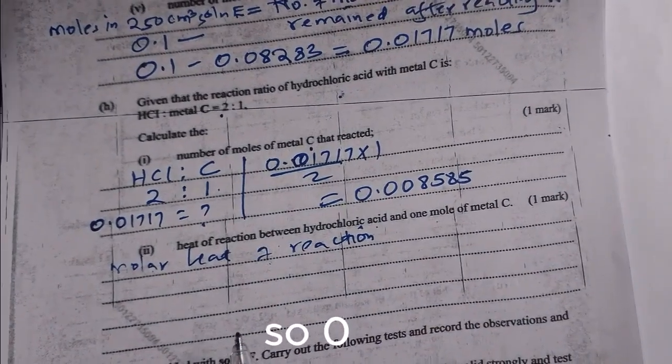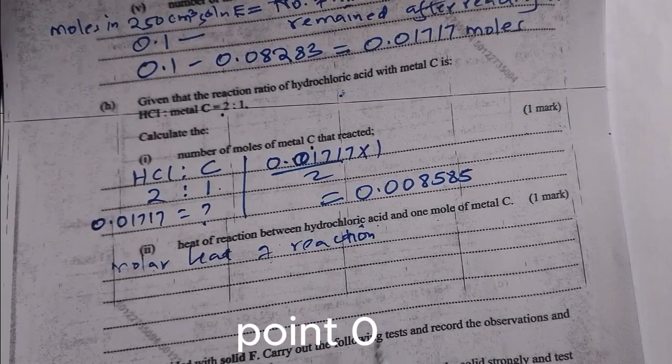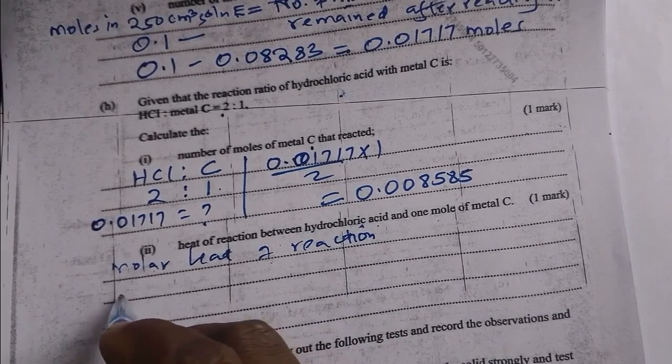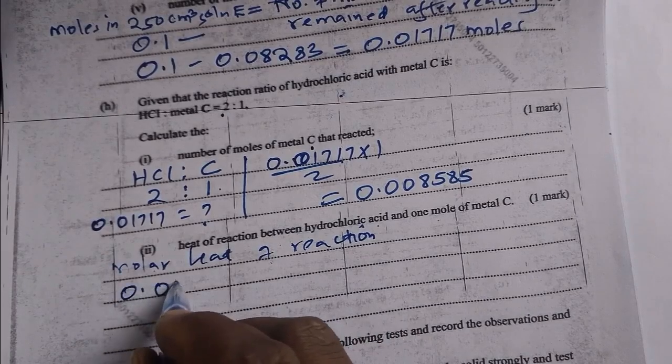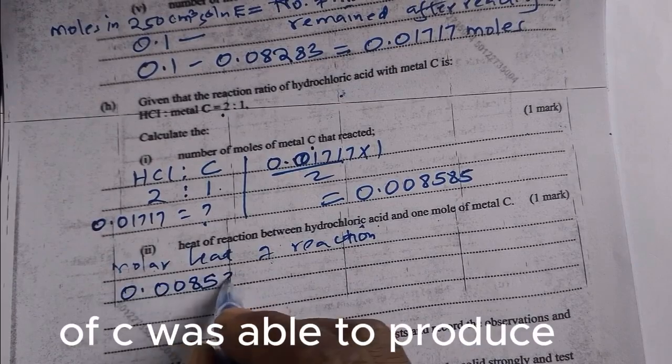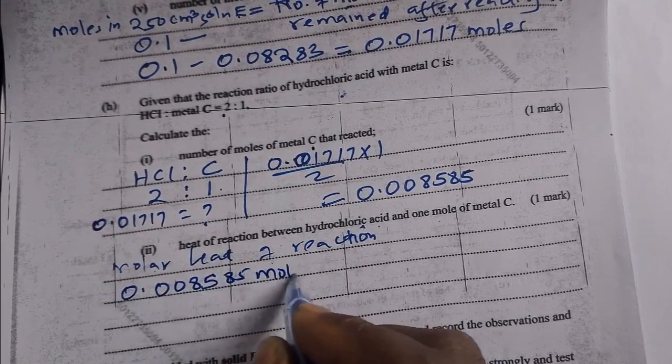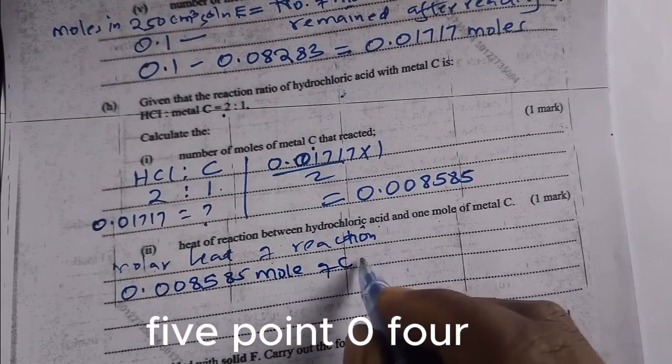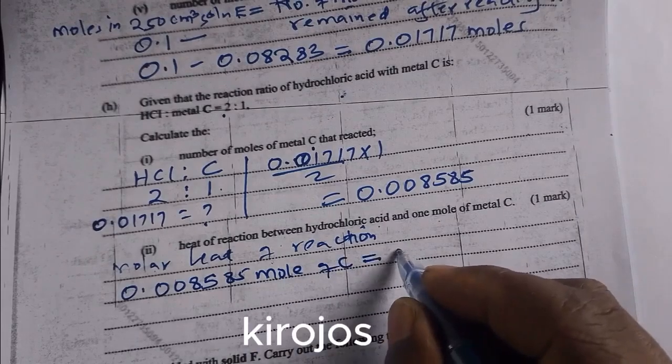So 0.008585 moles of C was able to produce 5.04 kilojoules.